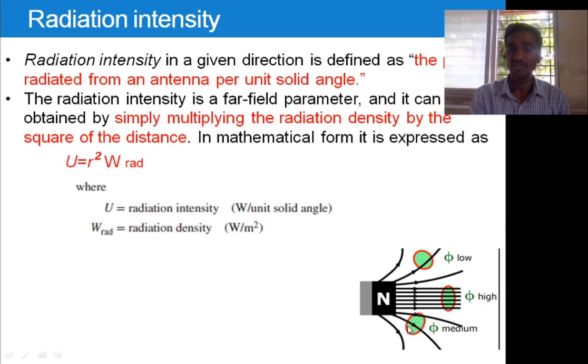And in the third, the magnetic lines cutting that area are two lines. So here one line, here more than five lines, and here two lines, and I name them low, high, and medium.